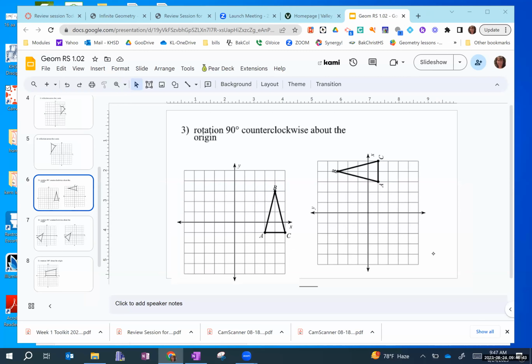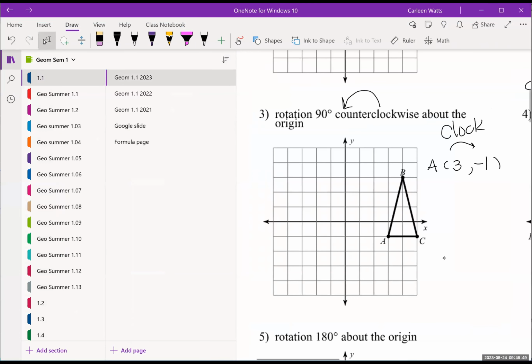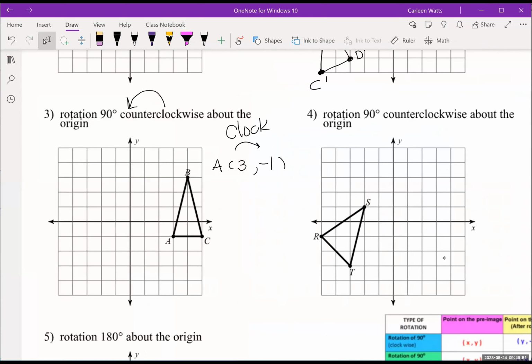This one, sorry. Okay, so we saw in the picture, it's going to need to look something like this. Yeah, so two things. You should be able to visualize what it's going to look like for a rotation of 90 degrees counterclockwise, or we're going to use the chart.